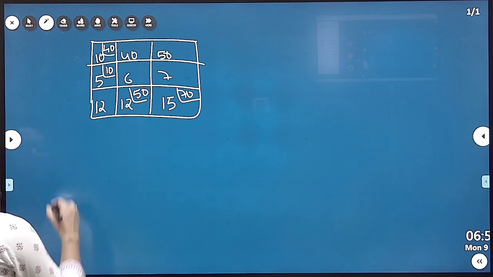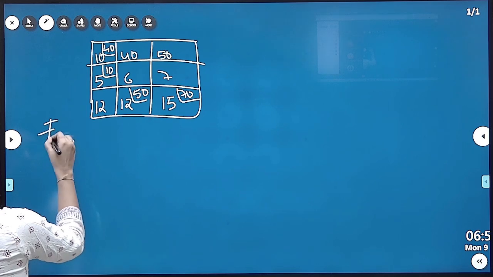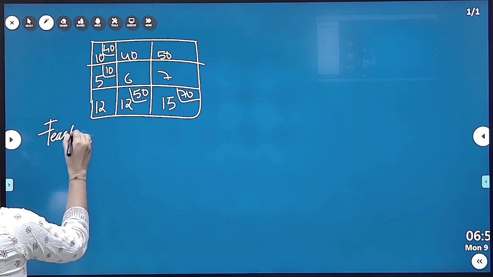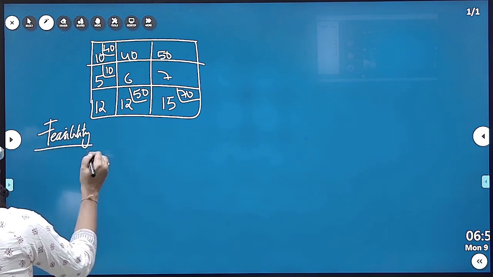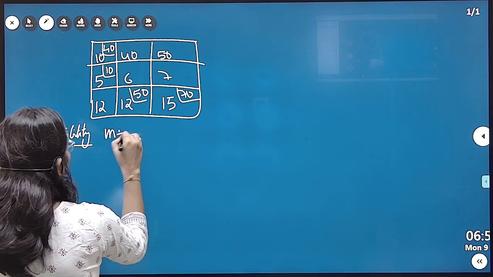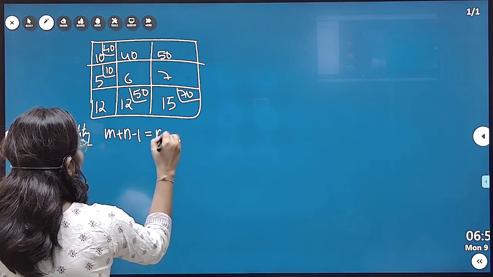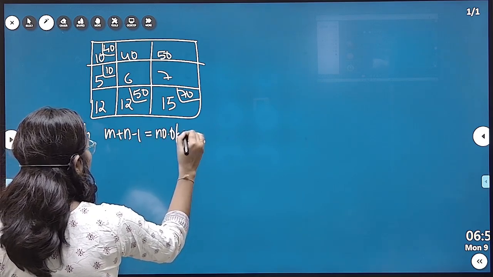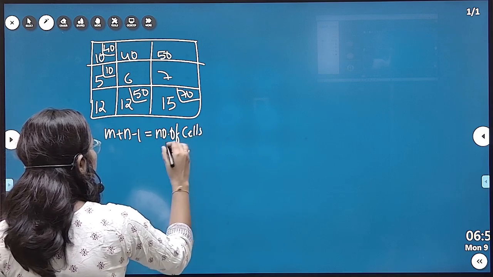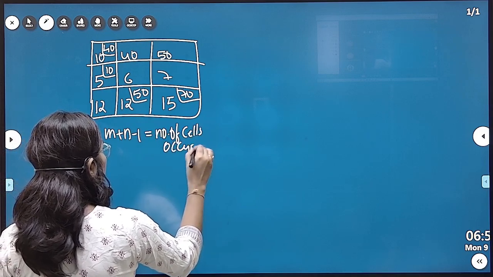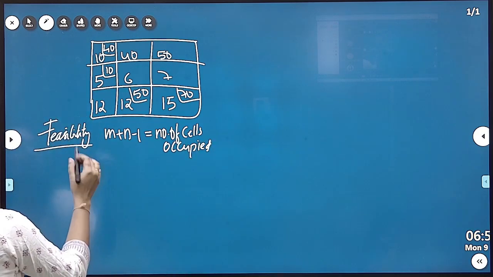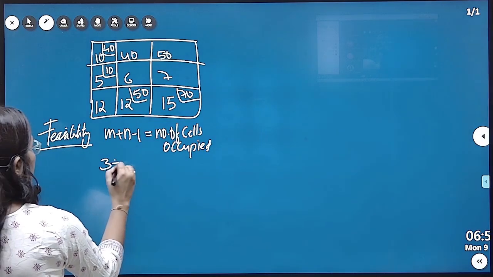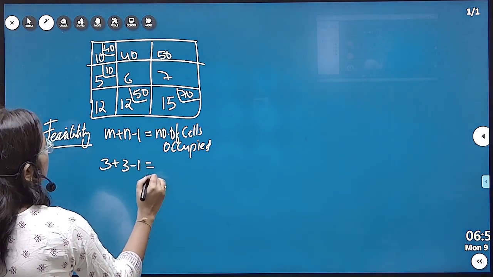So we need to check the feasibility. Okay, feasibility: m plus n minus 1 is equal to the number of cells occupied. So how much is m plus n? 3 plus 3 minus 1, how much is it?